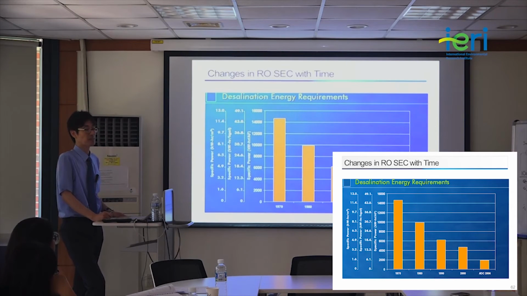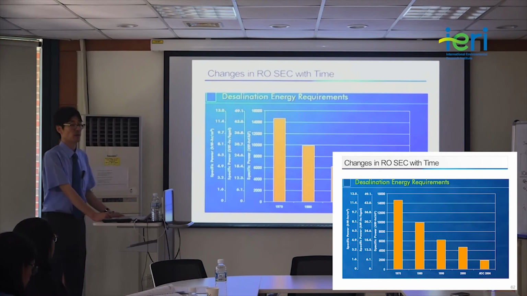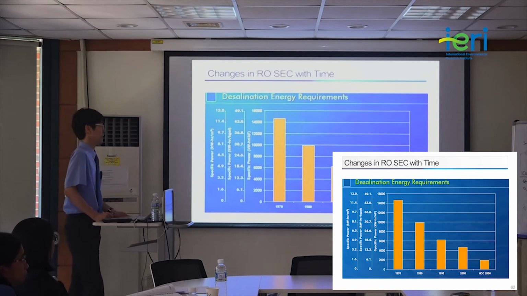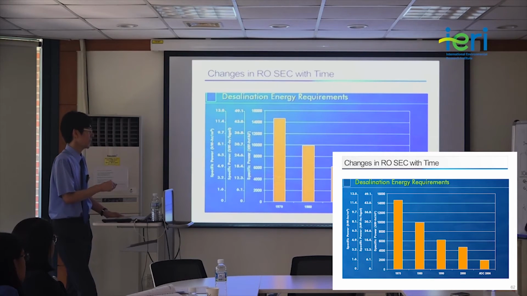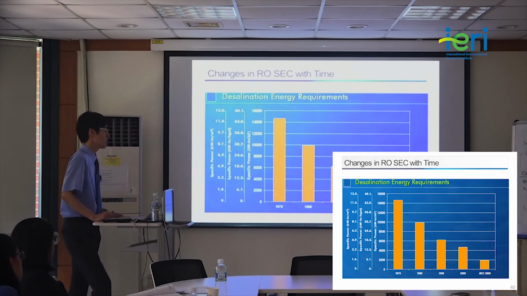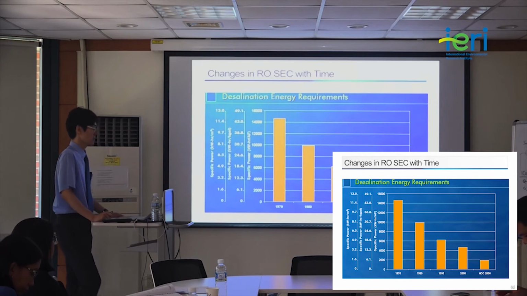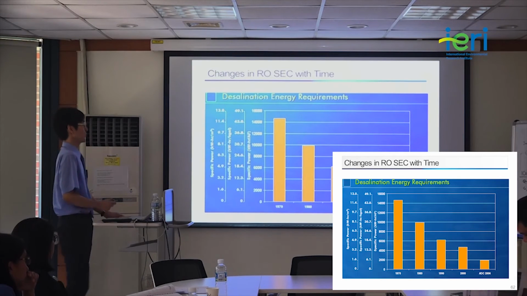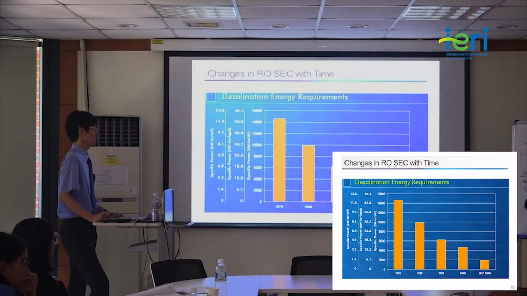So it's several times higher than the numbers we are talking about these days. In other words, the performance of the membrane and the design of the equipment for membrane desalination were not very good for having an affordable energy consumption.